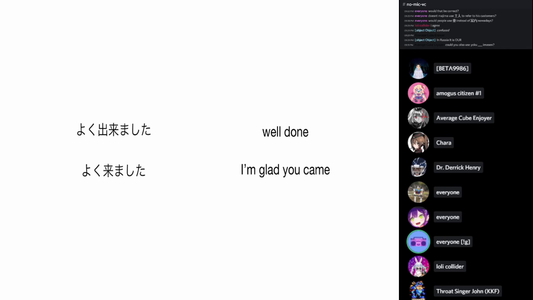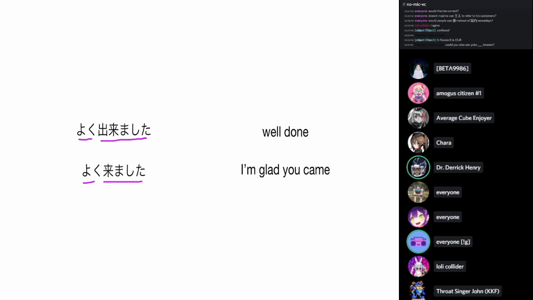So a couple of other ways you could use yoku, which is why you might want to avoid saying yoku imasen, is you have yoku dekimashita, which means well done, or yoku kimashita, which is I'm glad you came. So yoku does mean often, but it can also mean good or well.